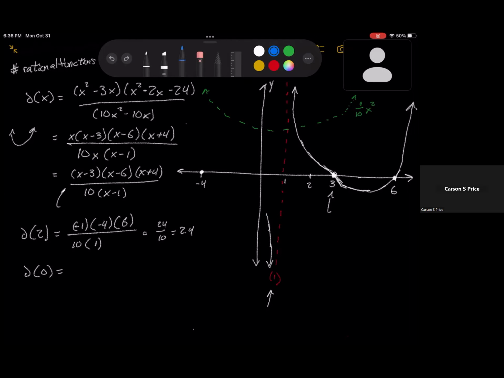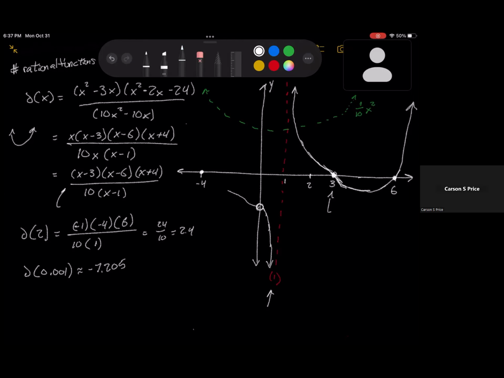If I evaluate this function at 0.001, I get, not exactly, but something that's about minus 7.205. So that means I'm going to probably cross somewhere at minus 7. But I'll have an open circle there, a removable discontinuity.